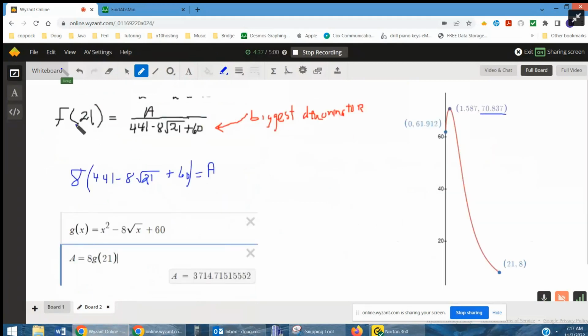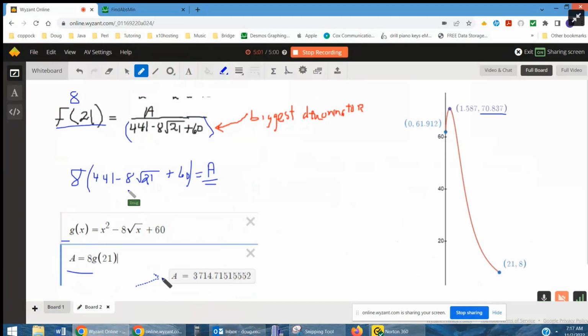Well, we just say that f of 21 is going to give us our minimum value because that's the biggest denominator. If I take 8 times whatever that function value is at 21, I'll get the value of a that's required because I want this to be an 8. And here I use Desmos to get that.